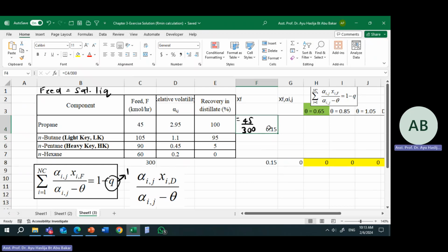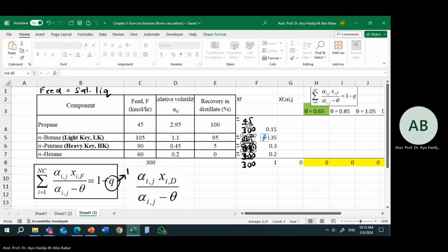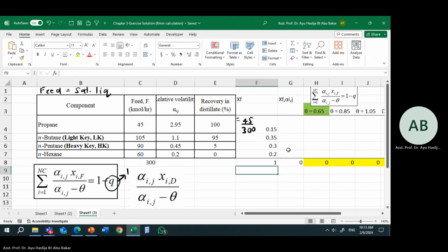Then from there, calculate for the rest. Make sure your total fraction is 1. If more than 1, then something is wrong with your calculation. Then calculate XF multiplied by the alpha, the relative volatility.